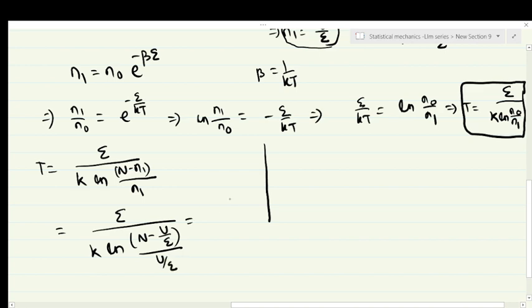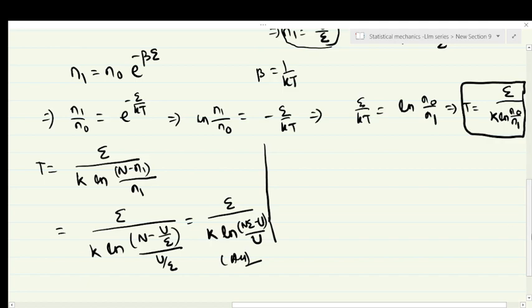If you do further simplification, then T is E by k ln of (NE minus U) divided by U. So this is the answer, temperature in terms of U.